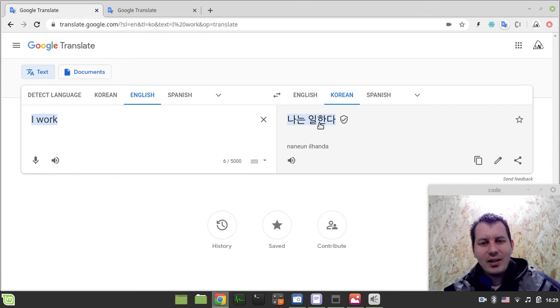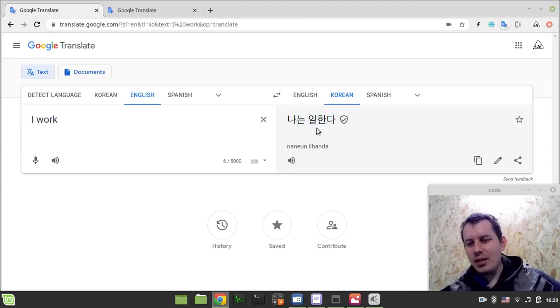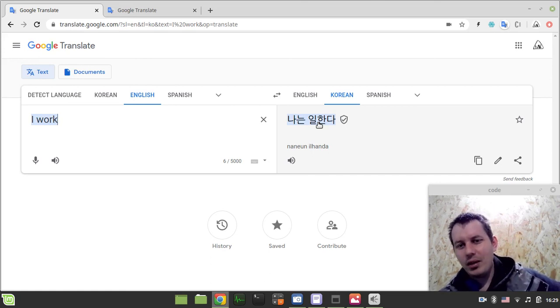Oh my god. And this is the verified translation. Can you believe this? I swear guys, I didn't know this. I came up with this just bearing on my current grammar understanding of 반말 and 존댓말, which is the informal and formal forms of Korean verbs conjugated in the present tense. Oh my god. Yeah, 나는 일합니다.